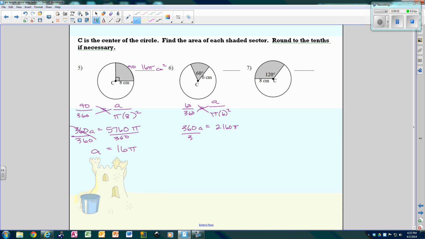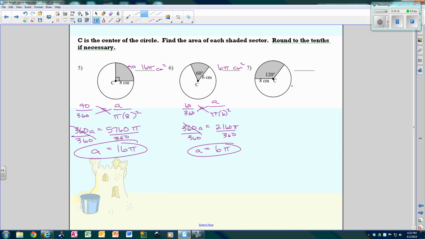Divide by 360. And we get that the area is 6 pi. So 6 pi centimeters squared. Do not forget the pi. You have not done anything with the pi. The pi is still there, so the pi has to be included.